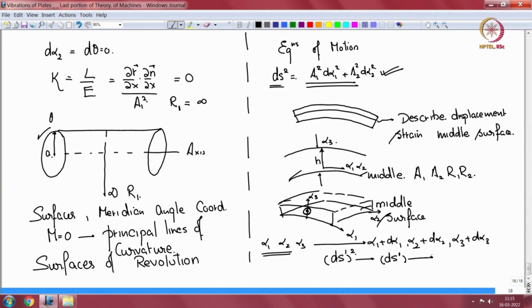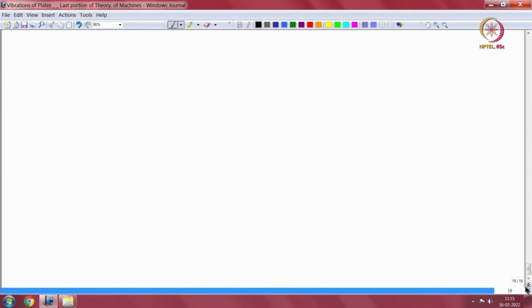Then from this ds dash we will go to the original length, and we will describe elongation or strain of this element, some element between two points infinitesimally away from each other. Then from there we will describe strain.